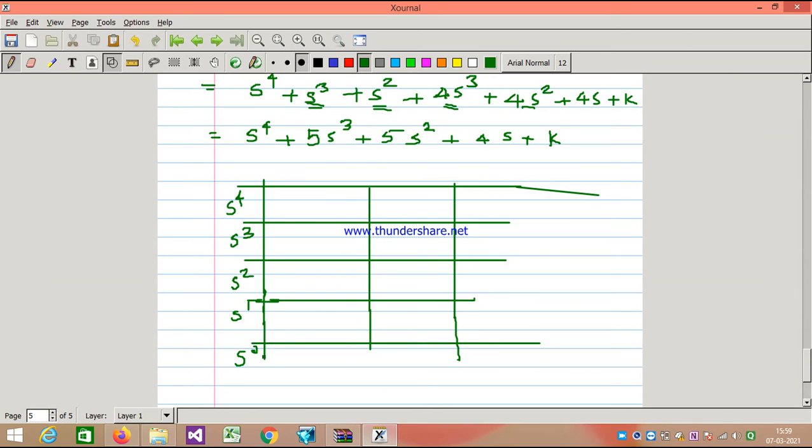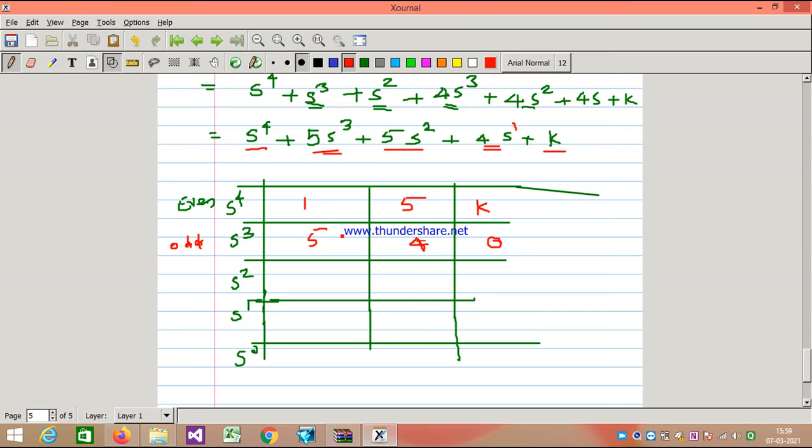Now s raised to 4 is an even term because 4 is even, so let's take all the even coefficients. s raised to 4 is even, square is even, k is even, so this is 1, 5 and k, right? s raised to cube is odd, that's why I take the odd ones, this one is odd because the power is 1. So 5, 4 and 0, okay?